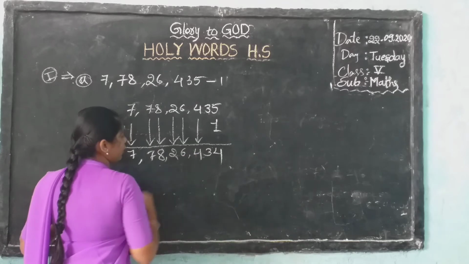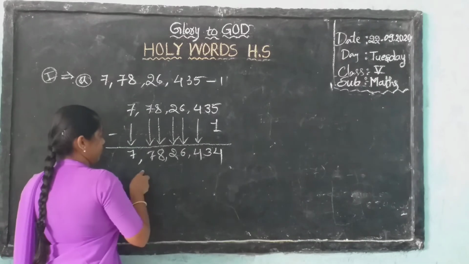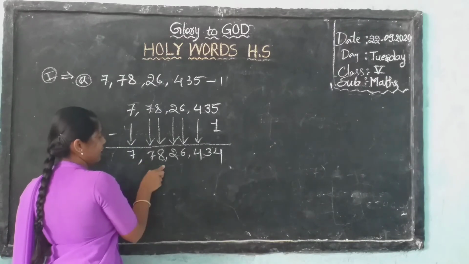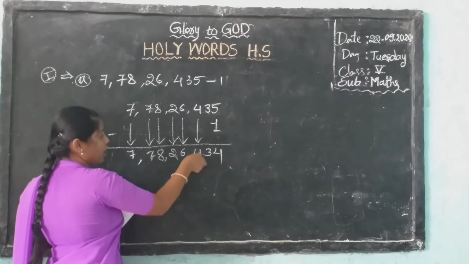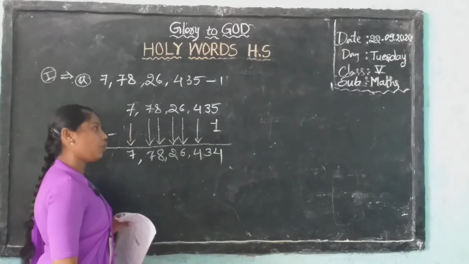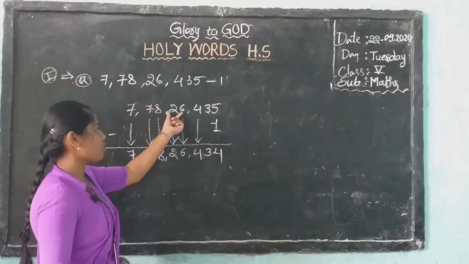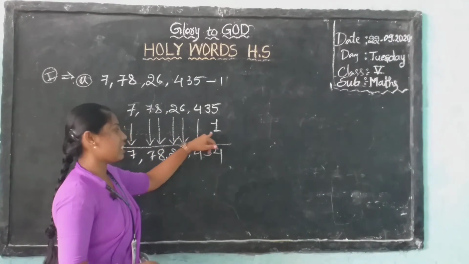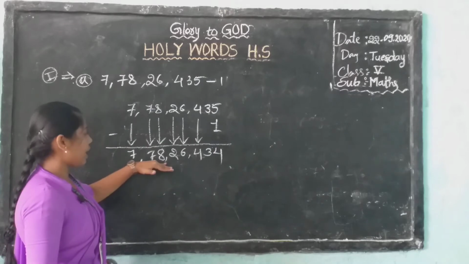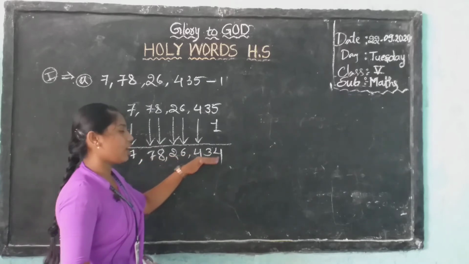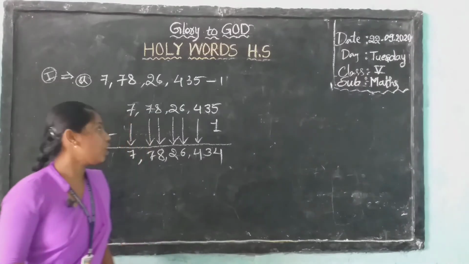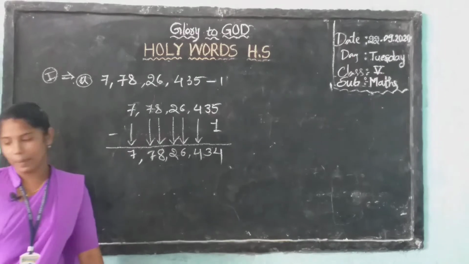So we put in the commas. So 7 crores, 78 lakhs, 26,434. Here 7 crores, 78 lakhs, 26,435 minus 1 is 7 crores, 78 lakhs, 26,434. So this is our predecessor problem.